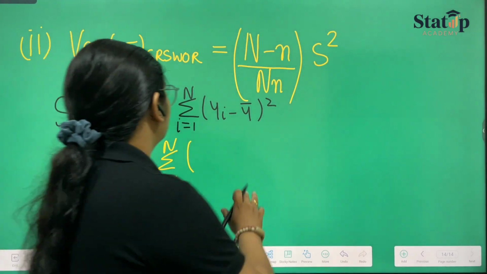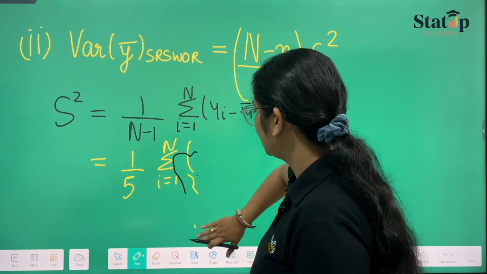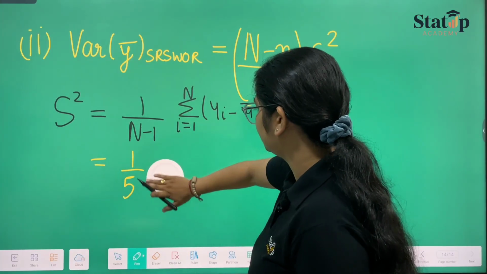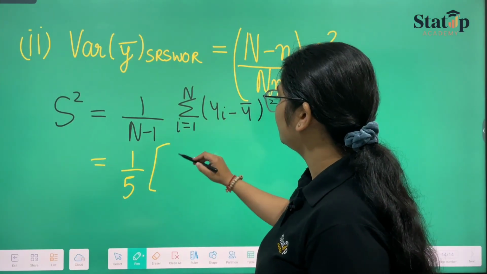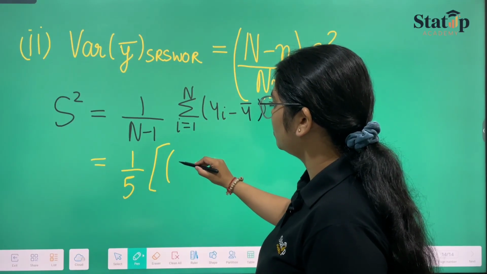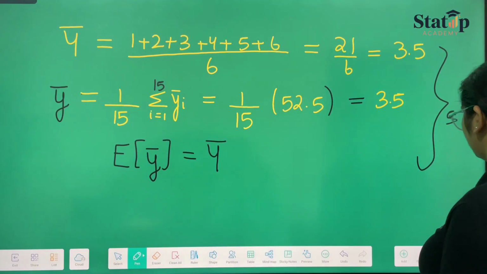Let us not write the sum and just write the direct answers here. So it will be yi for i from 1 to 6, so 1 minus y bar. Capital Y bar we have just calculated is 3.5.